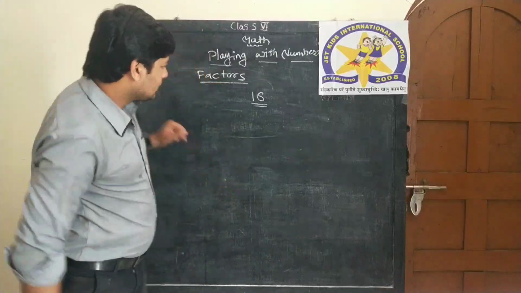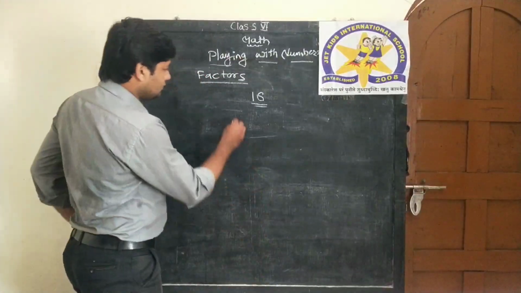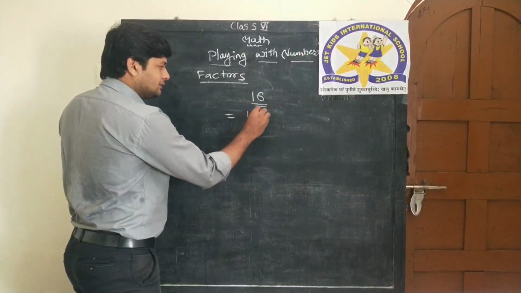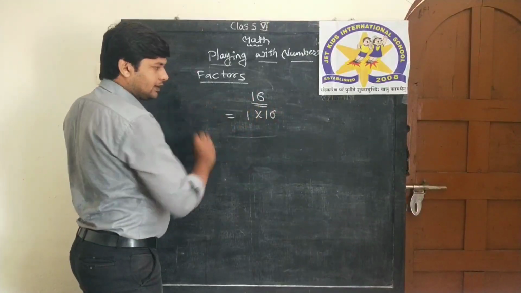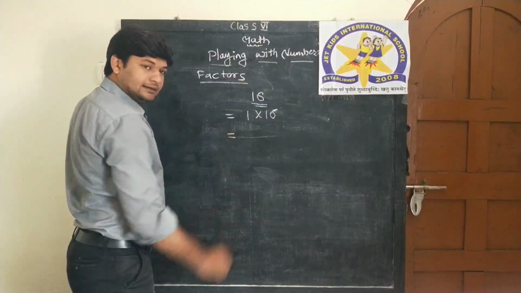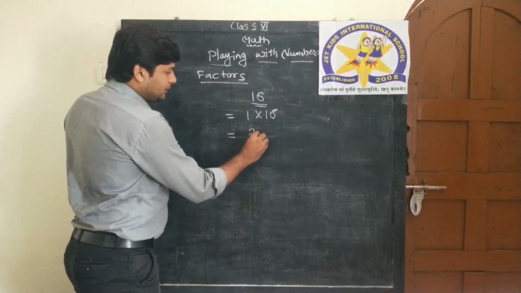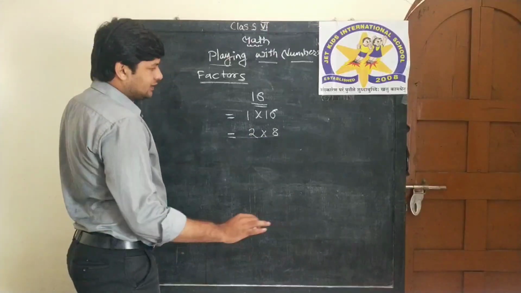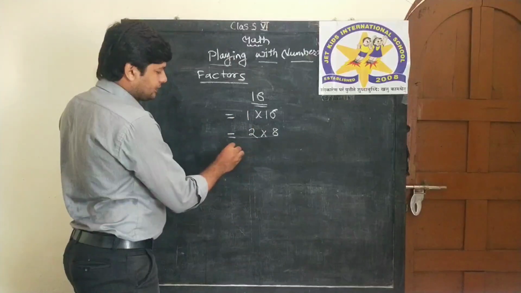First, we can divide 16 by 1: 1 multiplied by 16 gives 16. Second, 2 multiplied by 8.